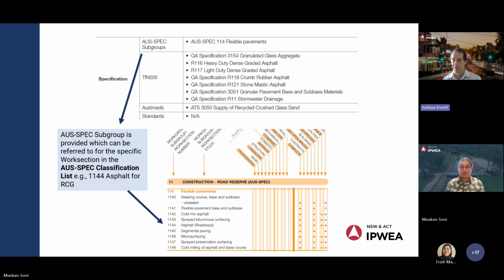Nandini was one of the members of our working group, and was heavily involved in making sure that the information we presented in the data sheets was aligning to what OSPEC produces. And then you've obviously got Transport. We've got quite a few documents that are related to the use of this material, and then some high-level guidance from Austroads as well.